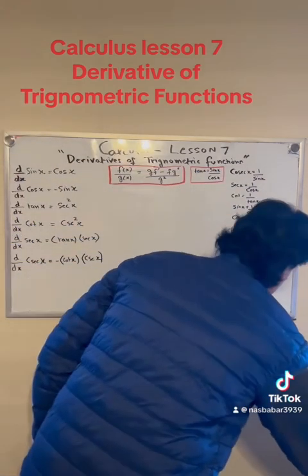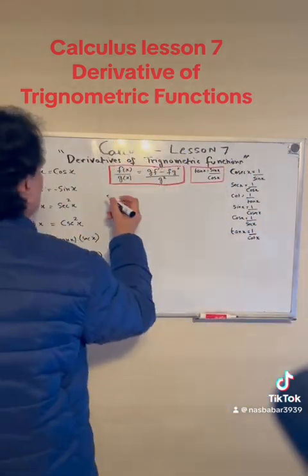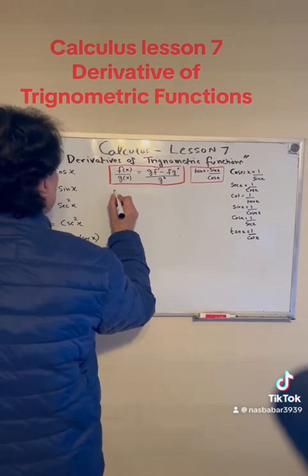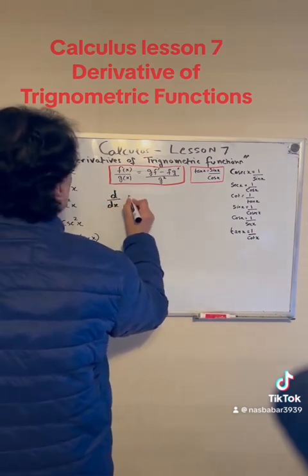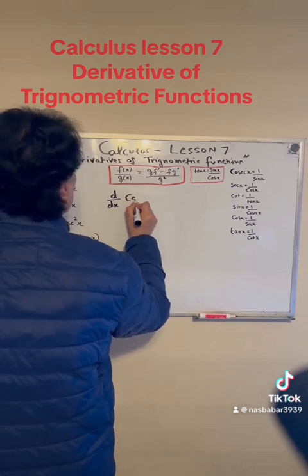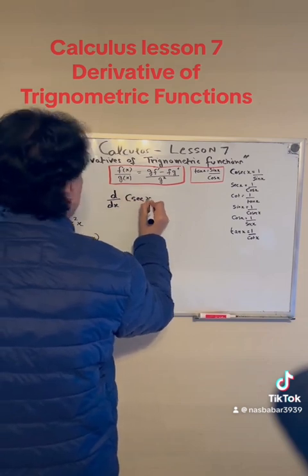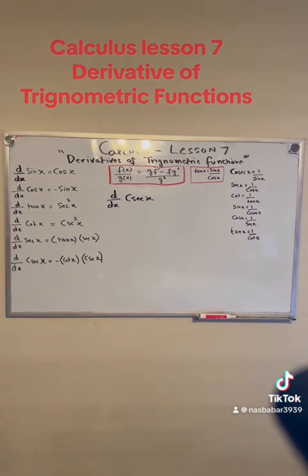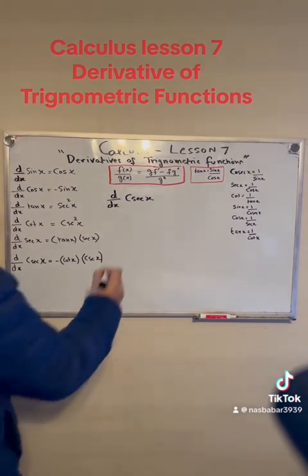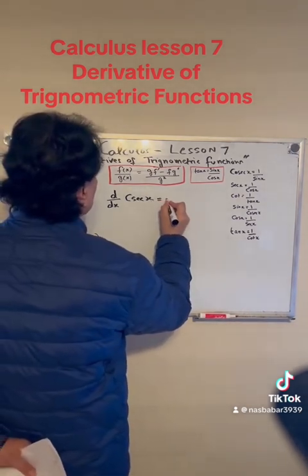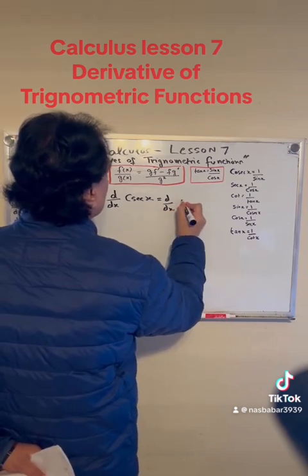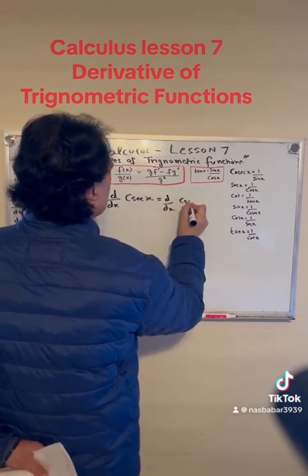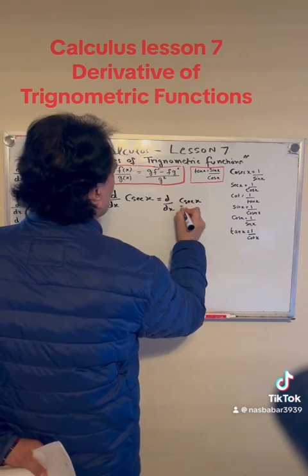So let's do that. Let's have some fun. Find the derivative d over dx of cosecant of x. Now I can write this as d over dx of cosecant of x over 1.